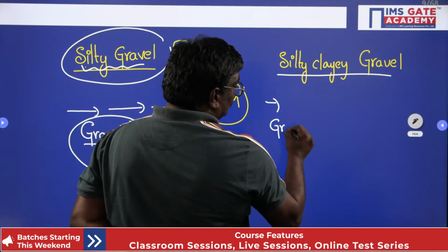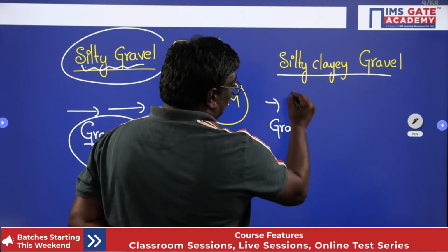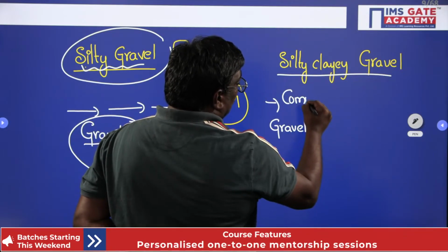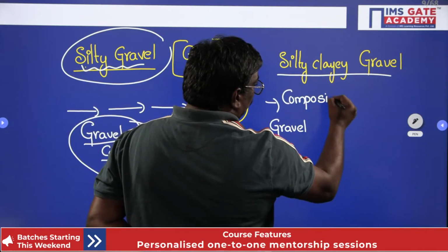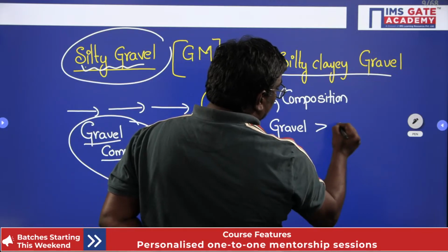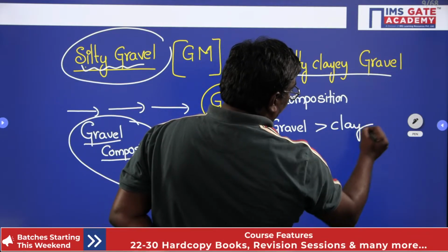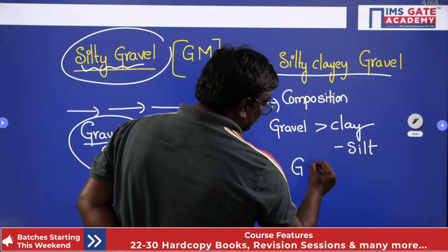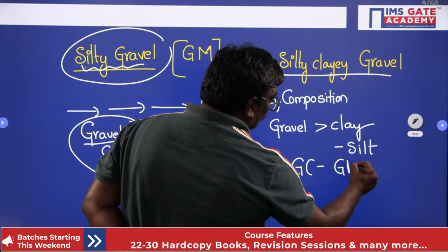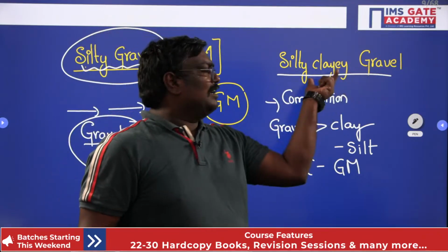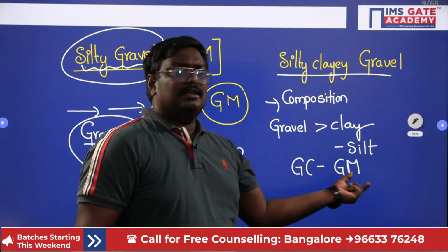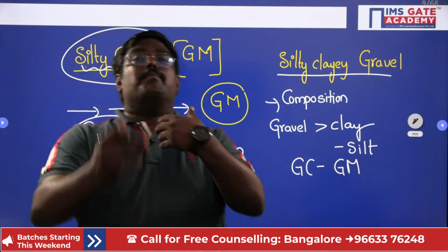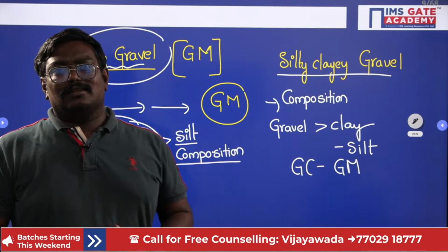Gravel composition is more than clay, and clay is more than silt. You can represent this as GC/GM. That means gravel clay and gravel silty. It's a dual combination. Clear, students?